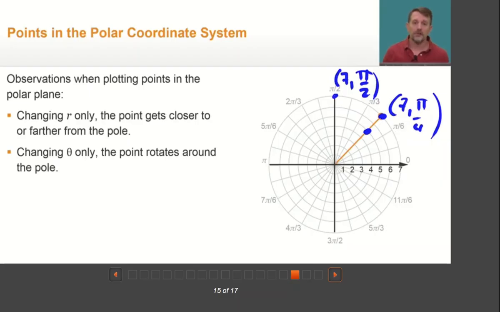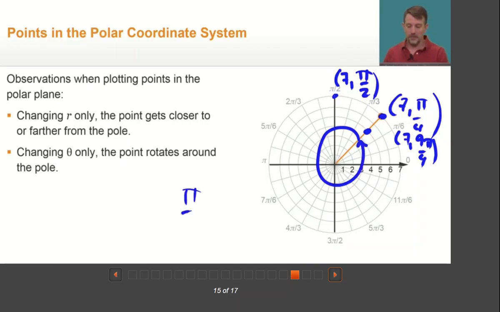You might have also noticed that the same point can be described by many ordered pairs. For instance, (7, pi over 4) describes the same point as (7, 9 pi over 4), because all we're doing is starting here and going an additional 2 pi. So pi over 4 plus 2 pi is 9 pi over 4.